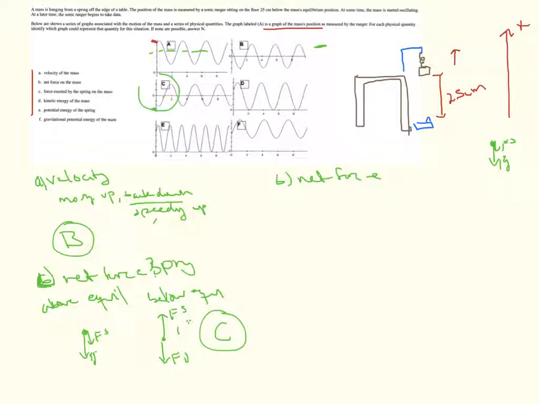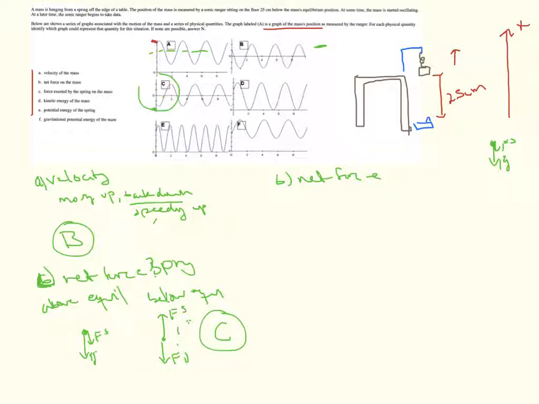The way that that's going to be modified is that gravity is always going to point down. The point where it's going to be 0 is still going to be at the equilibrium point.